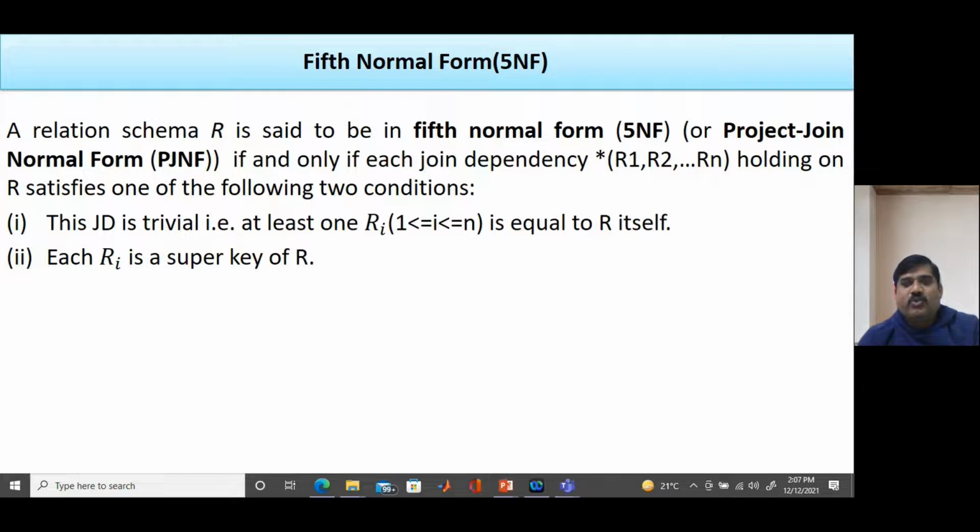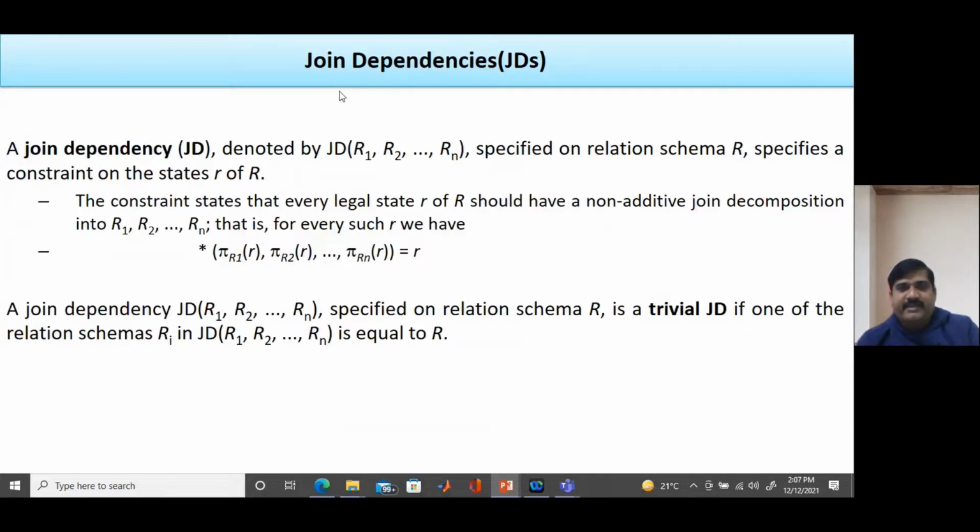Now, what do you mean by join dependency? Let me explain the meaning of join dependencies. Definition of join dependency: a join dependency, denoted by JD of R1, R2, Rn.